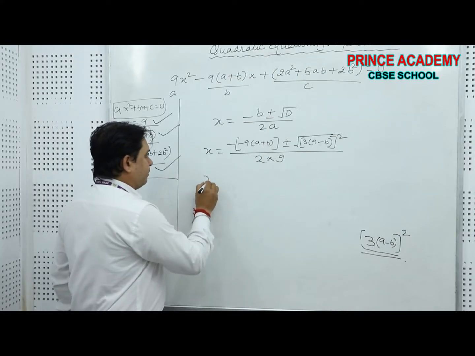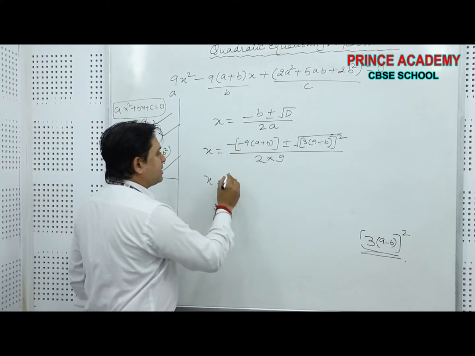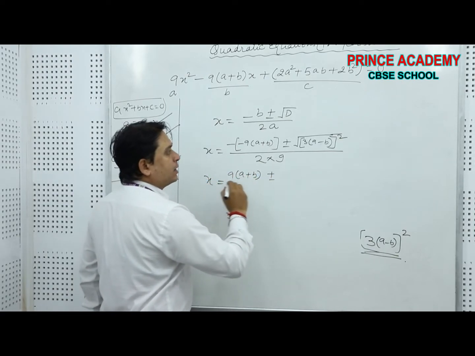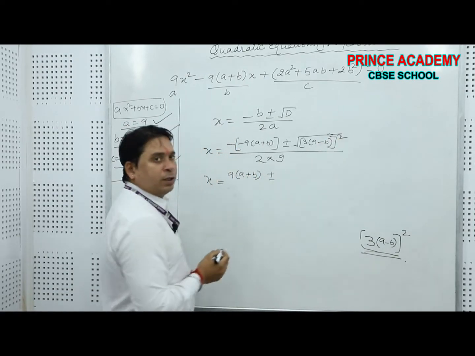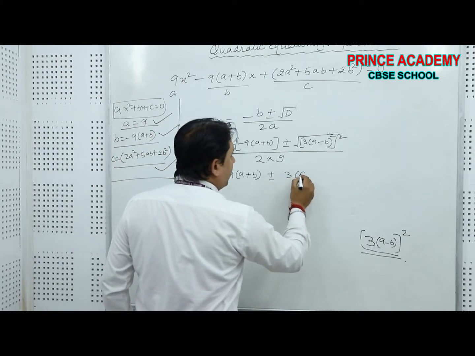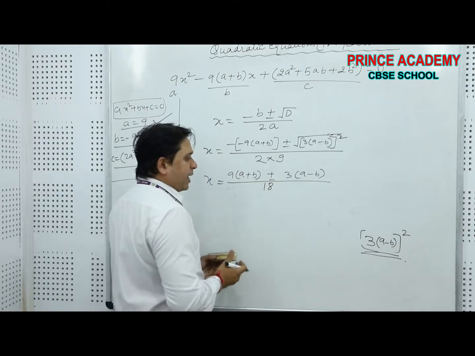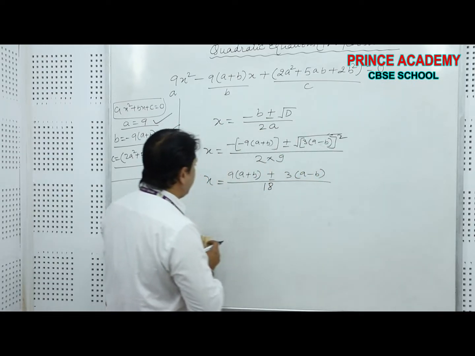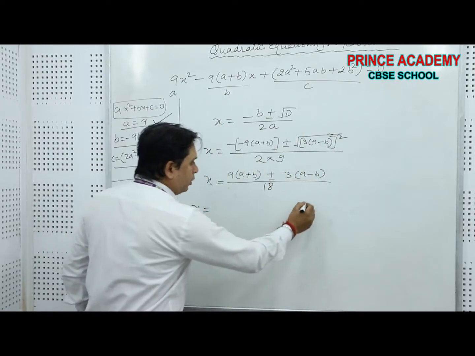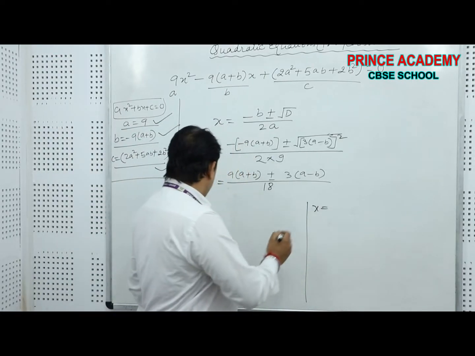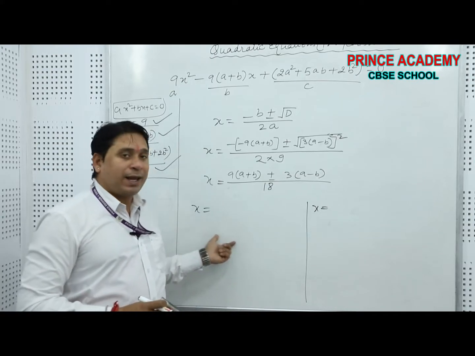Done. Now see beta, minus minus plus, 9 into a plus b plus minus. The square will remove the root. Here the output will be 3 into a minus b. Divide by 18. Now see, we will get the value of x. Two values of x we will have here.